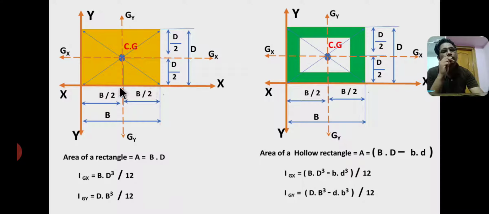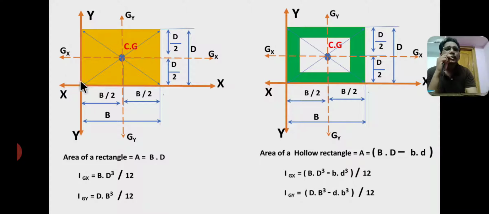The centroid of a rectangle lies where its diagonals meet each other. Therefore, the axes at a centroidal point are called centroidal axes. So, GX, GY axes are called centroidal axes. XX and YY axes are called reference axes.